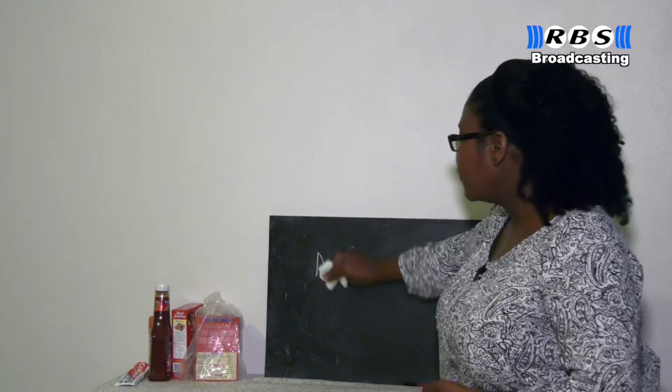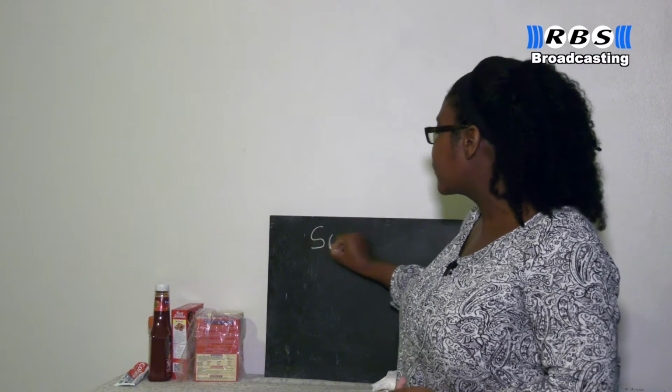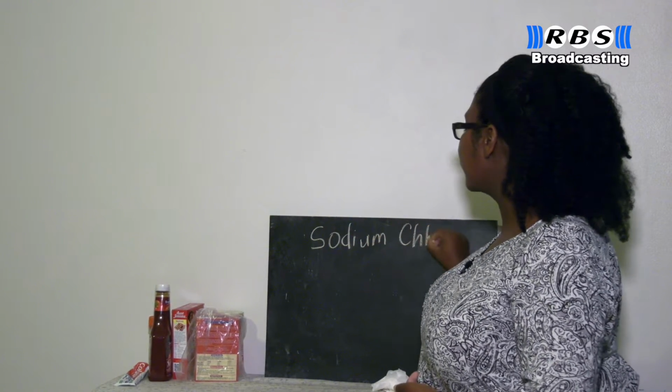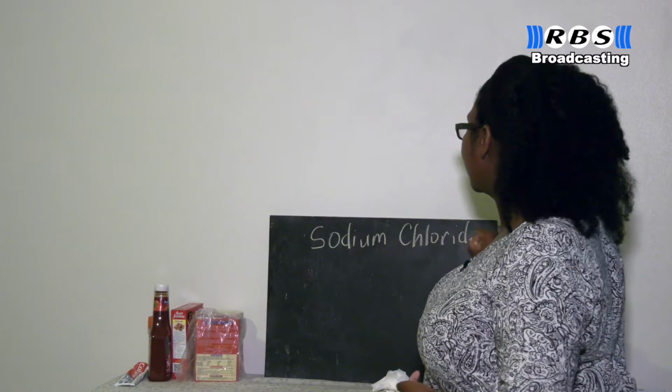Here's an example of what I mean. Right in your kitchen, you will find some salt. Salt is also known as sodium chloride. What is the chemical formula of sodium chloride?